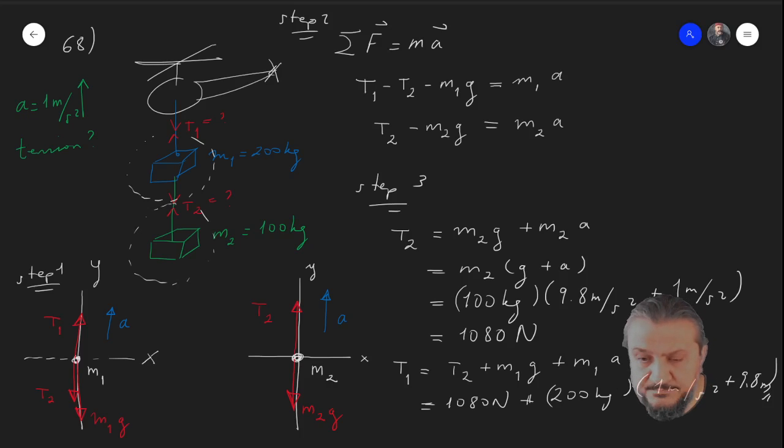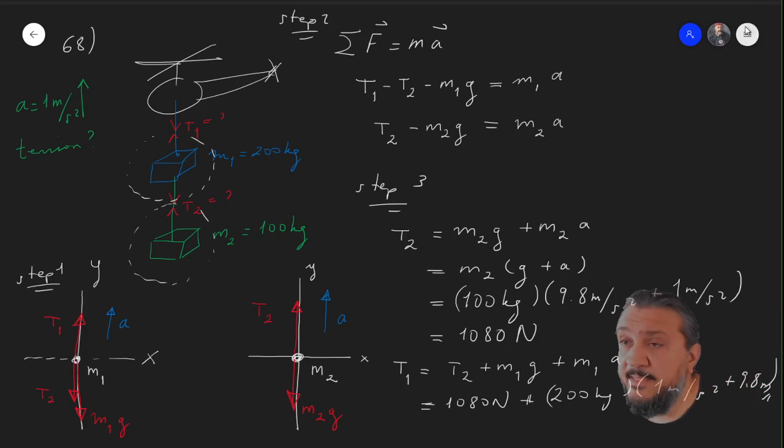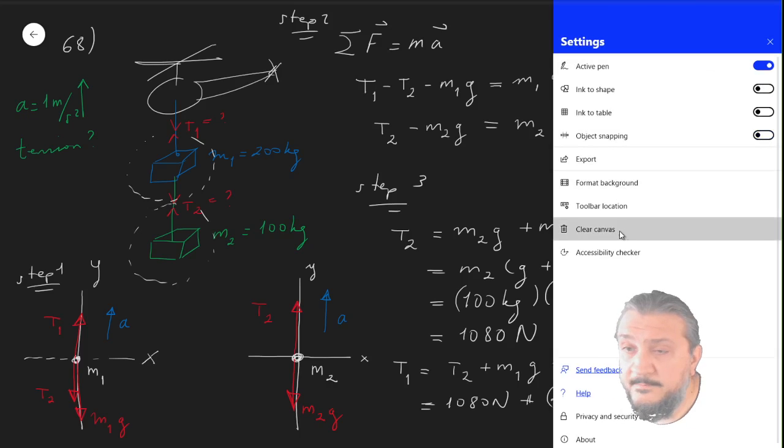Alright, so this was another example, example 68. Let's check 69. Number 69. What does it say?